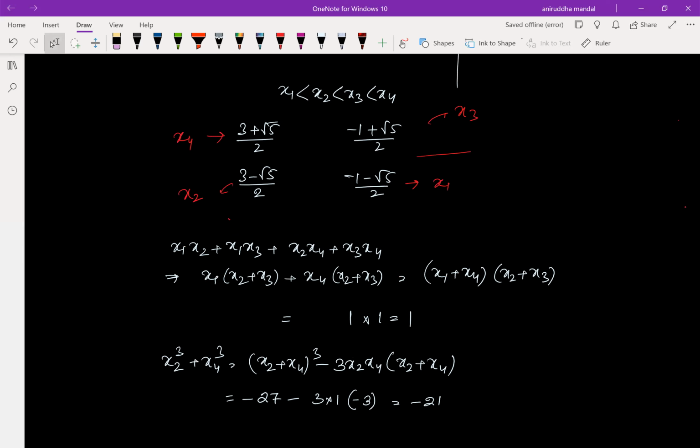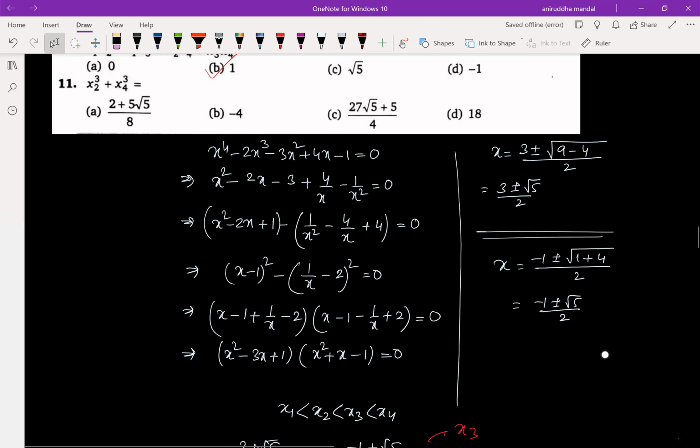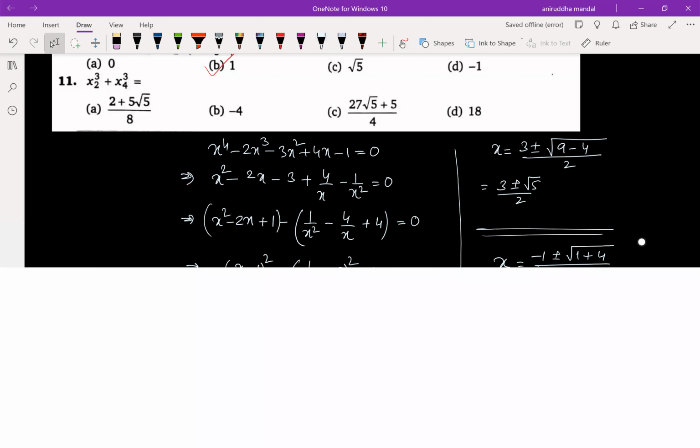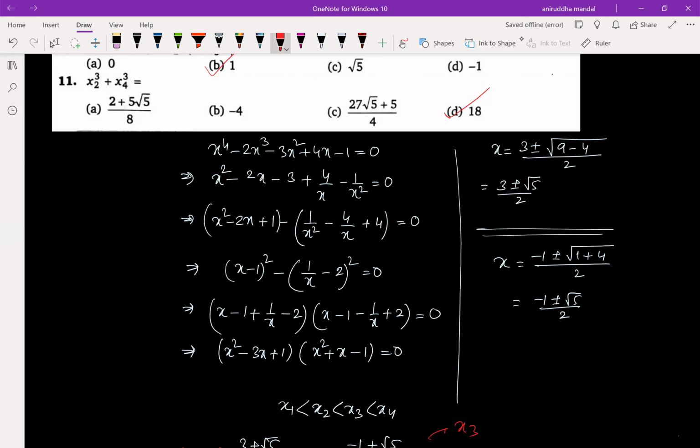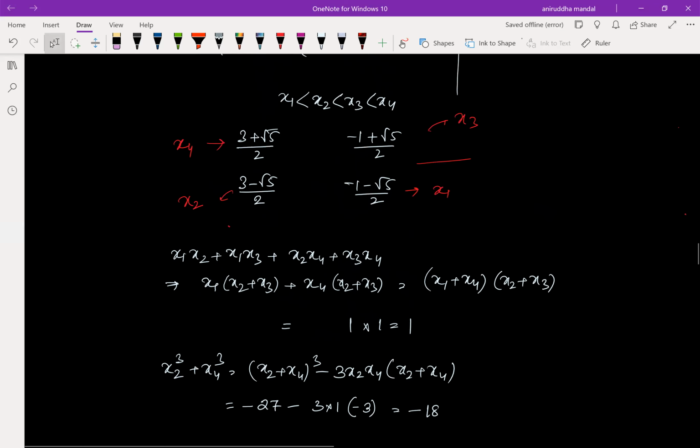No, not minus 21, minus 20, minus 80. Just a minute. This is minus 18. I think D should be the answer. I have made some mistakes in the calculation. Just a minute. This is minus b by a, this is plus 20.